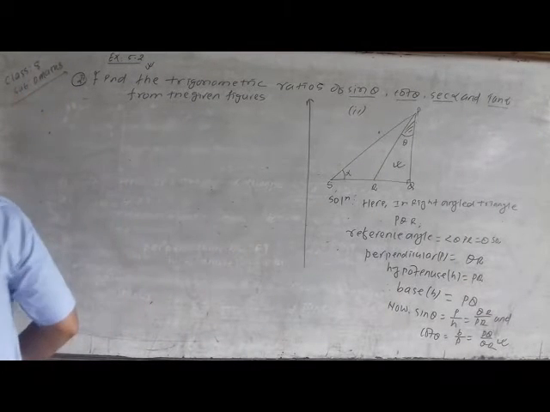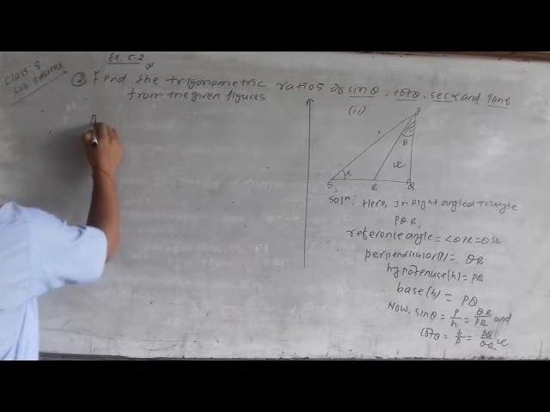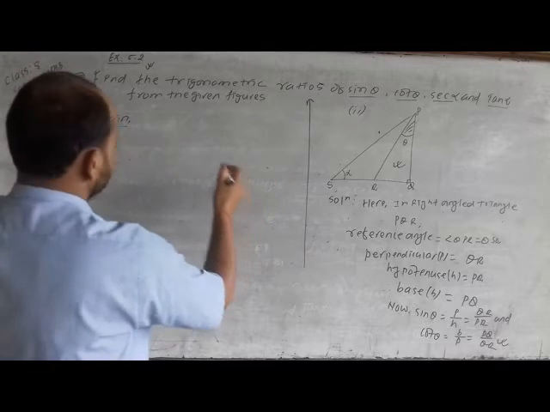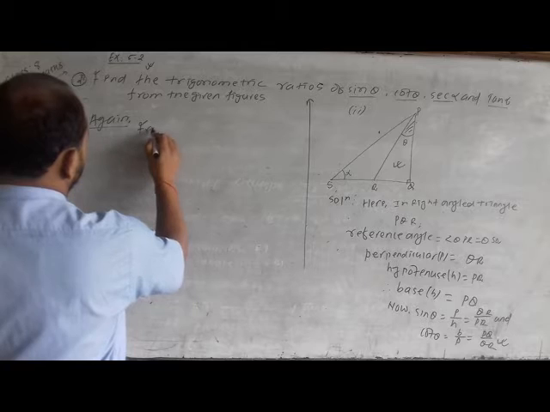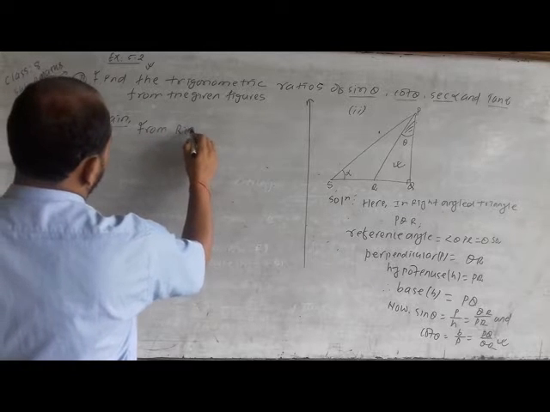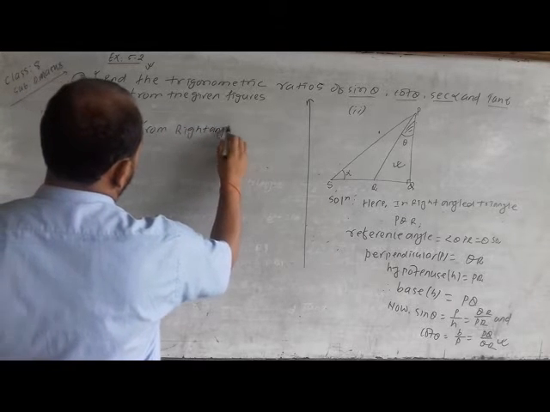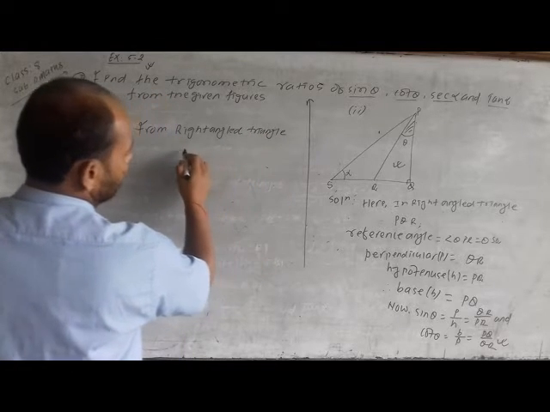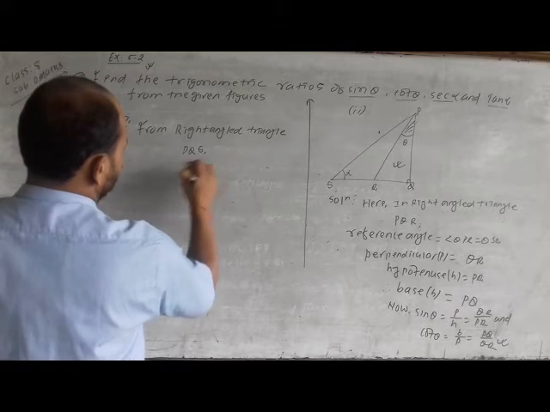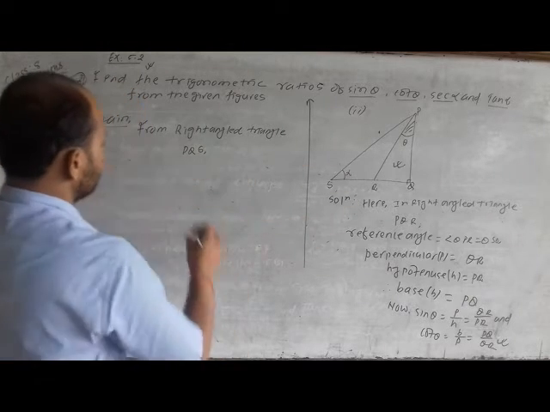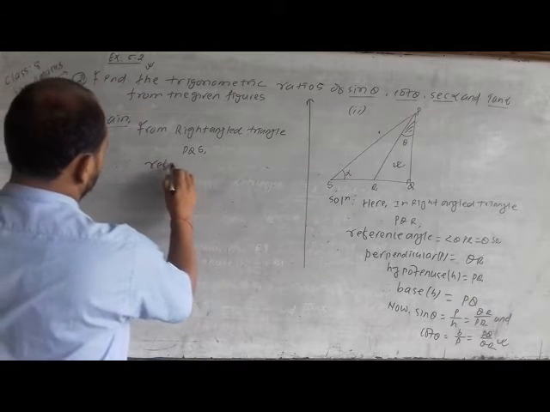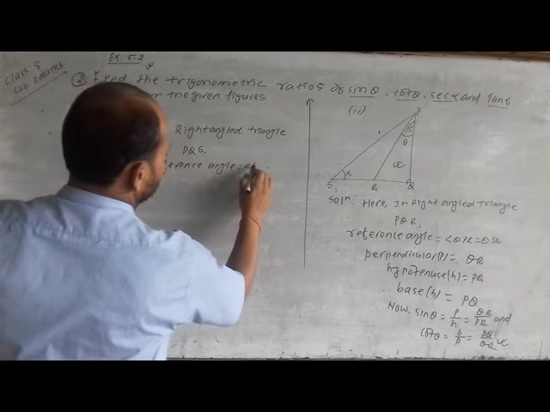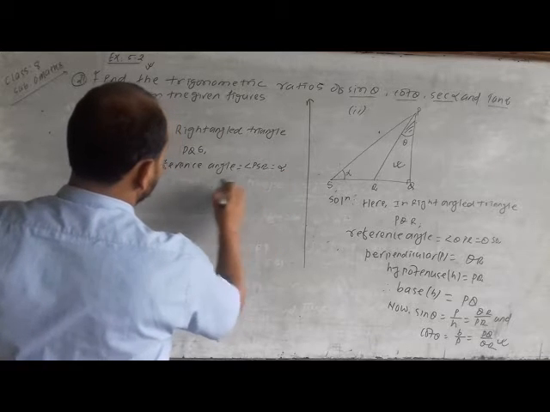Now look here. Again from right angle triangle PQS, reference angle we have here PSR is equal to alpha.